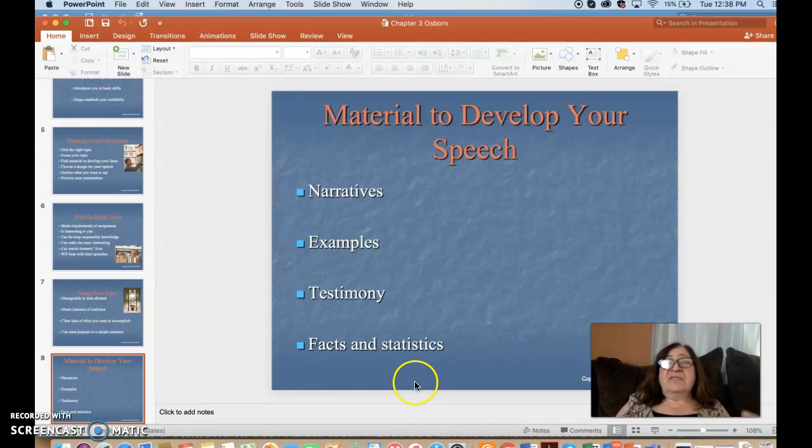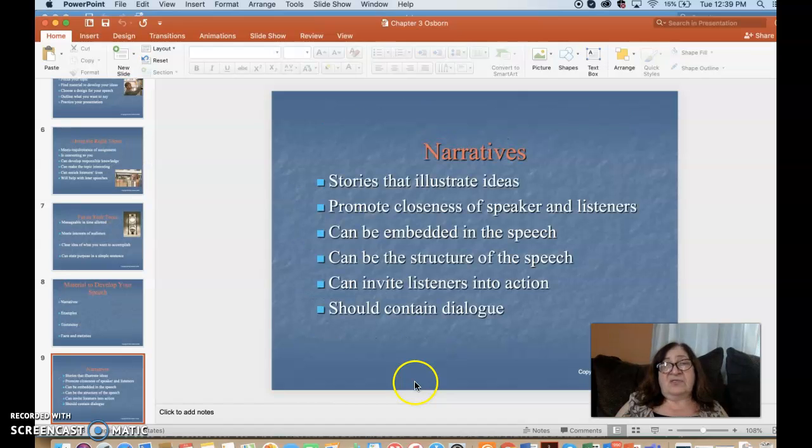So other material that can go into your speech write-up are narratives from you, from other people. A story is a narrative, an anecdote. Examples that can illustrate your points, testimony from relevant and reliable people, and basic facts and statistics that you find through research. Narratives are stories that illustrate your ideas.